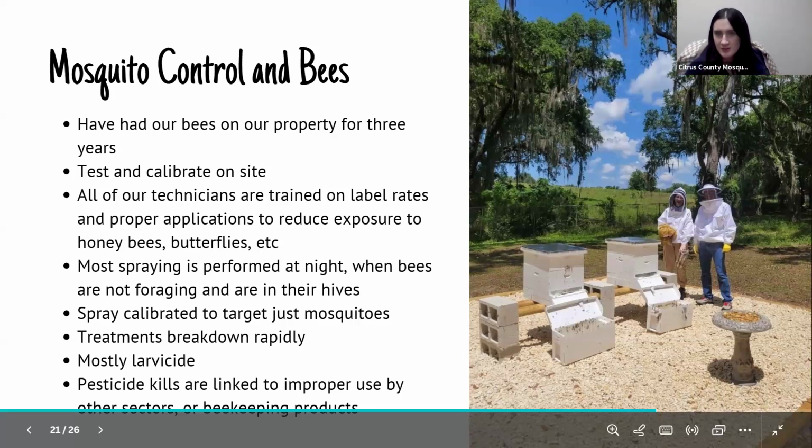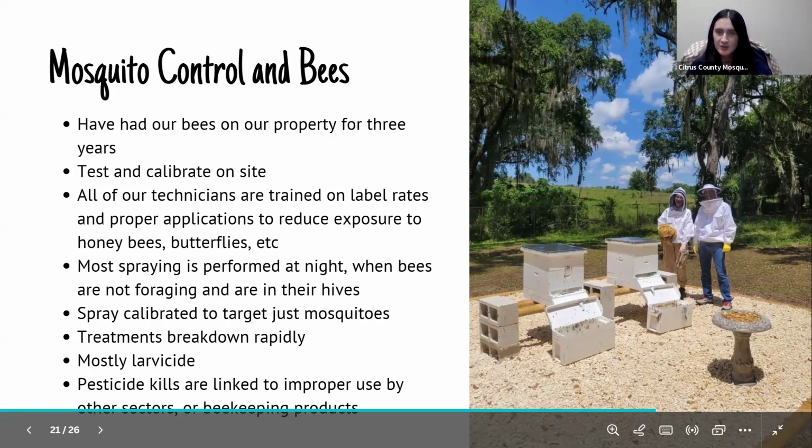He debunks some of the fake science that's out there and backs it up with real research. That's a really great talk that I recommend checking out. Also, our treatments, the sprays, break down very rapidly and don't have a residual in the environment, so they're not going to stick around and be a problem when the bees come out of their hive.